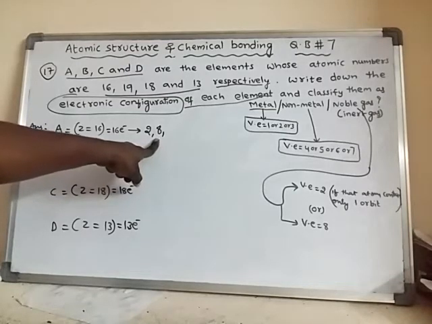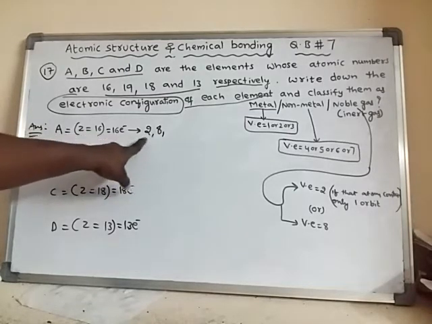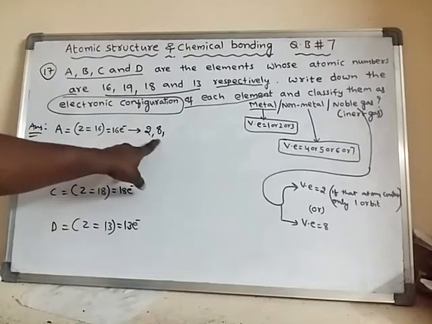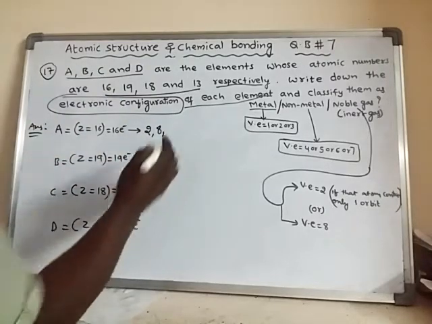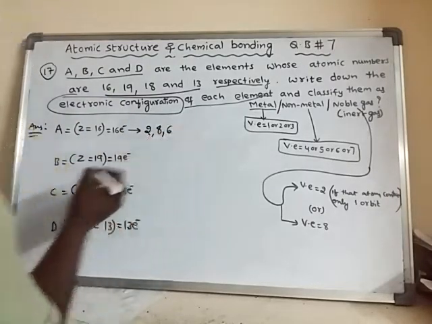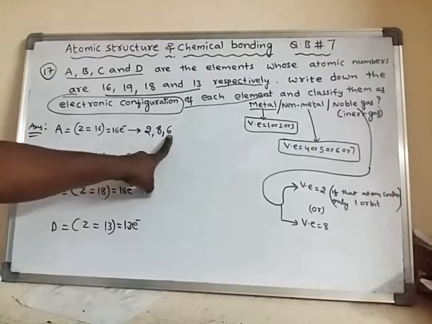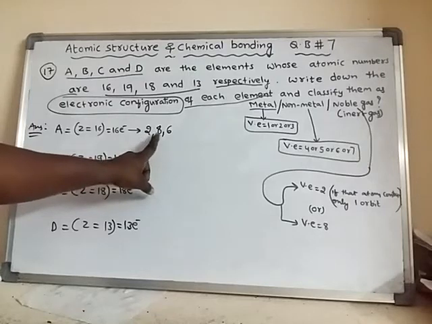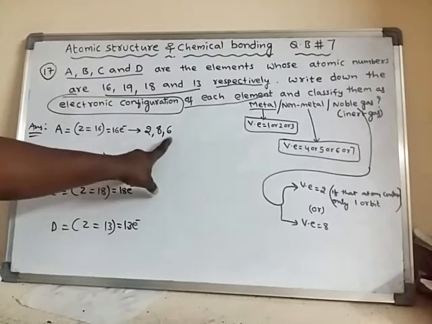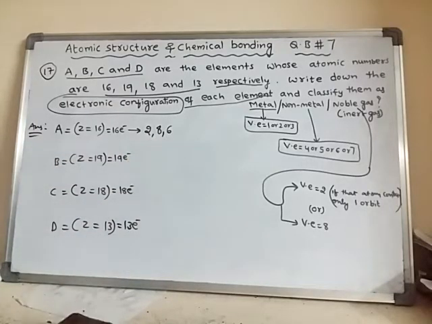Out of 16 electrons, we wrote 10, so 6 electrons are left over. These 6 electrons can be written in the third orbit.